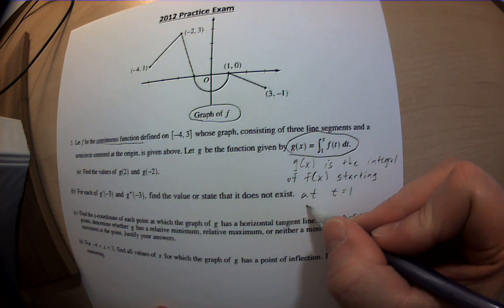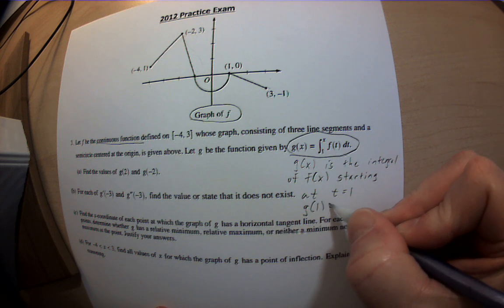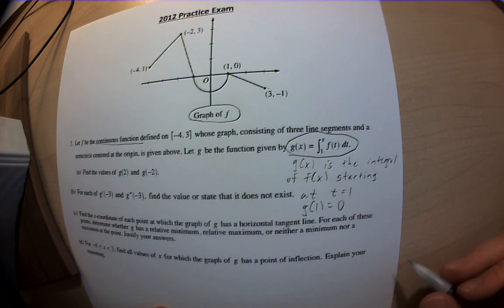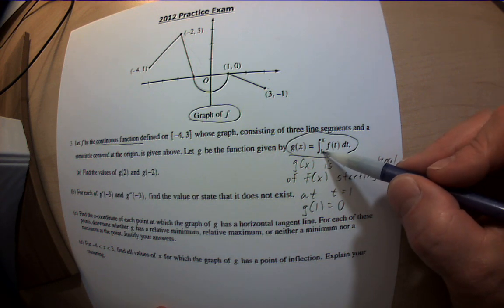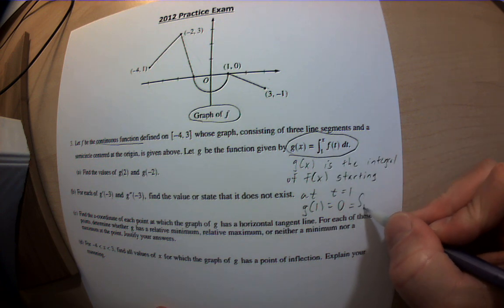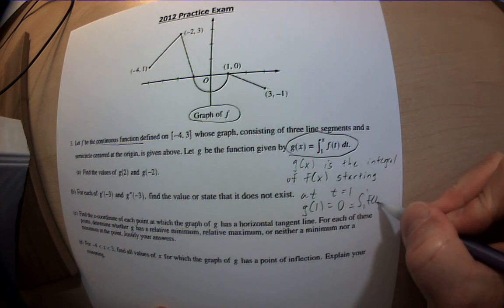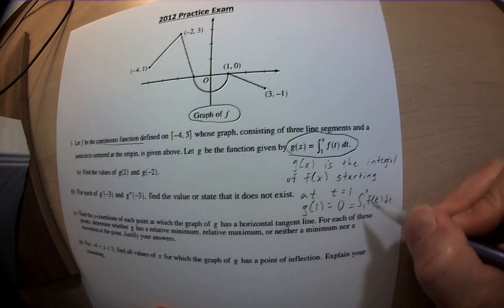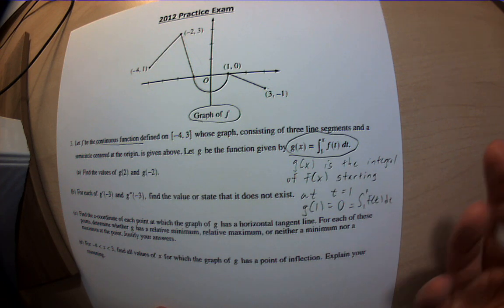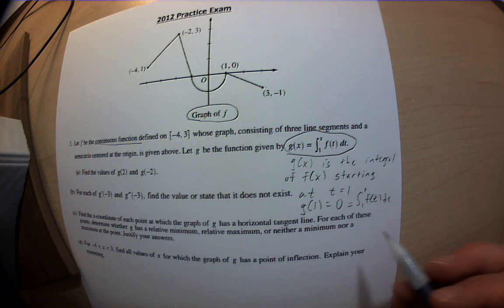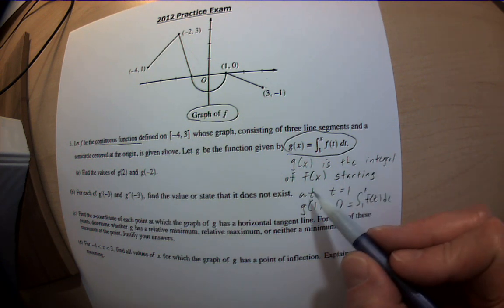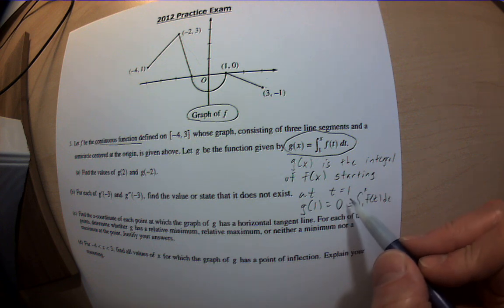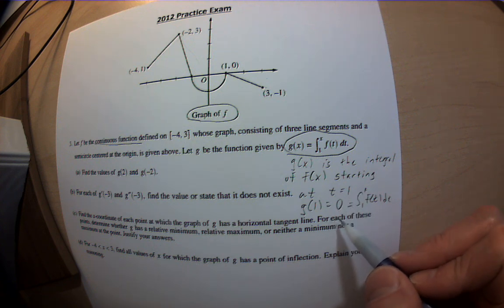What that tells you is g of 1 equals 0, because when time equals 1, this would be the integral from 1 to 1 of f of t dt. And the integral from 1 to 1, that's 0 width. So an integral of something with 0 width is 0. So g of 1 equals 0.